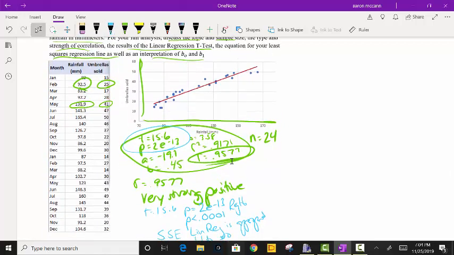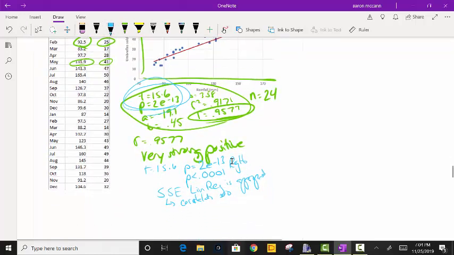Okay, so we've got statistically significant evidence that a linear regression is appropriate, and now we bring in our linear regression equation, which is y equals negative 19.1 plus 0.45x.